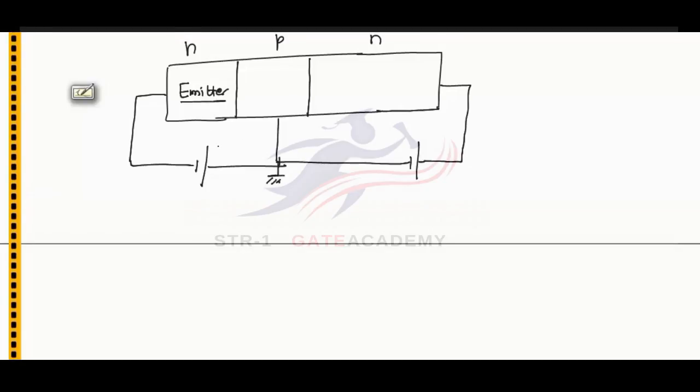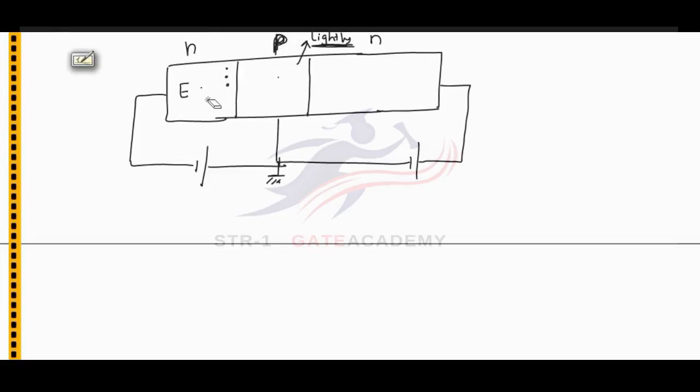If the base emitter junction is forward biased, majority charge carriers will take part in conduction, and this P region, which is the base region, is a lightly doped region. If it is lightly doped, then majority charge carriers in this region will be very few. And the emitter is a highly doped region.